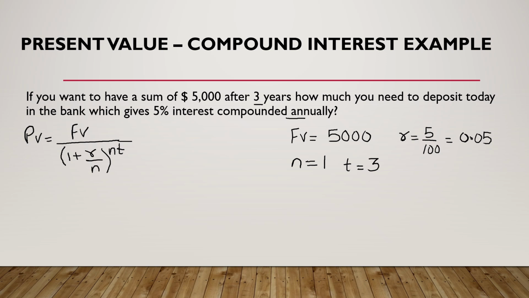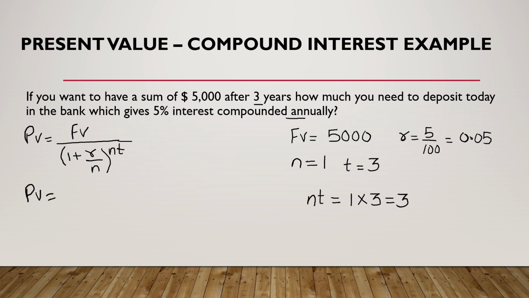Then we will write down nt also, because in the formula it is given power of nt. So n is 1 multiplied by t, that is 3. So my nt will be 3. Now we have substituted the values. Now we will use the formula and solve the question.